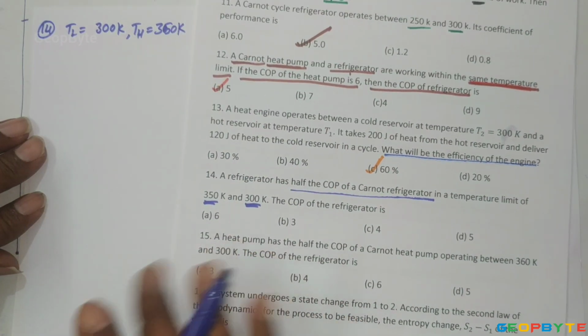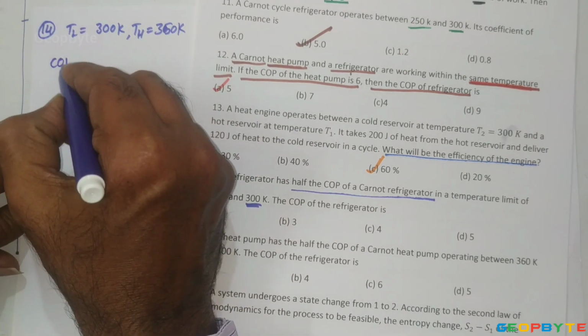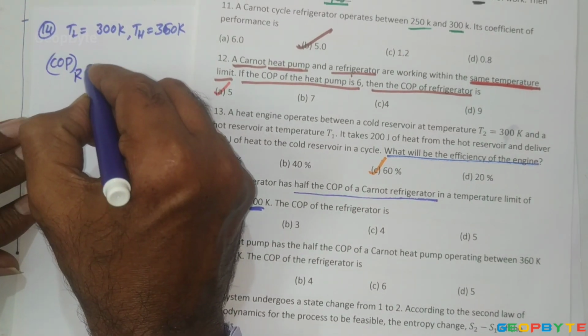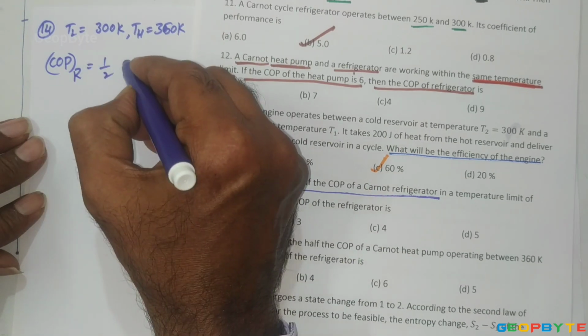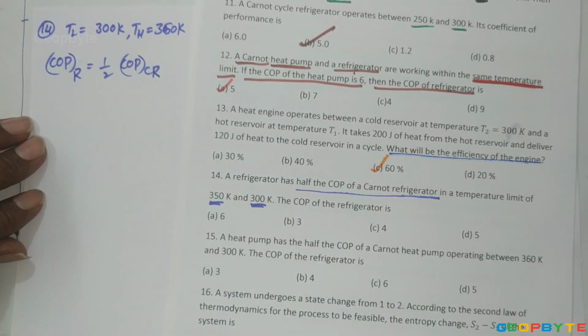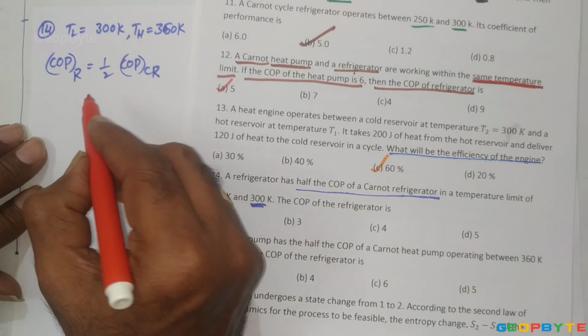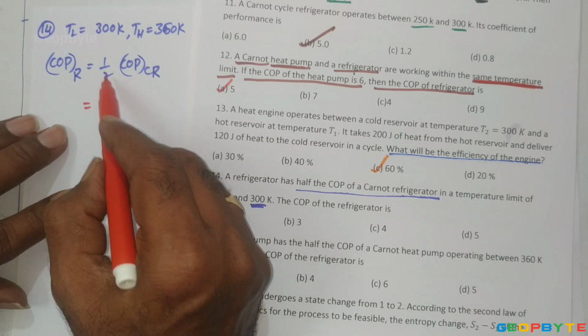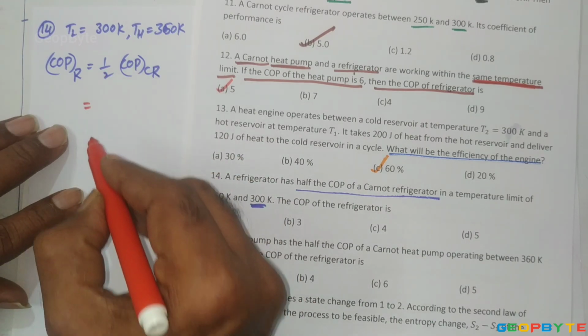Okay. Condition is given that COP of refrigerator equal to half of the COP of Carnot refrigerator. Actual COP of refrigerator equal to half of the COP of the Carnot refrigerator.